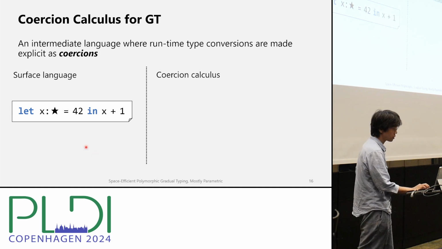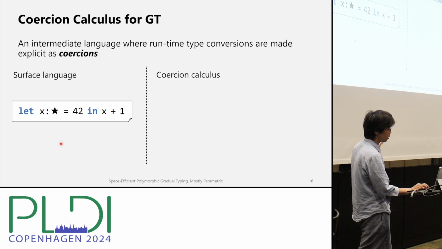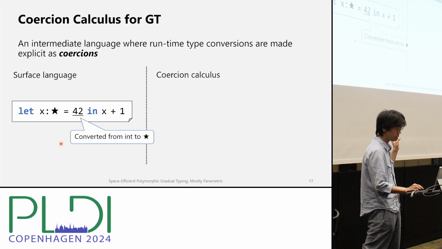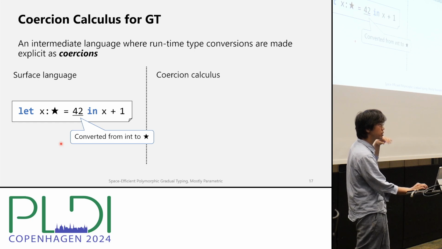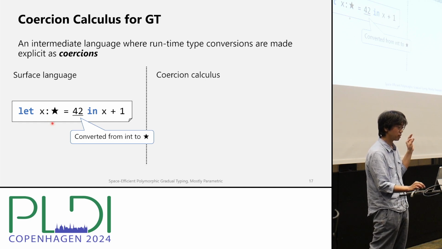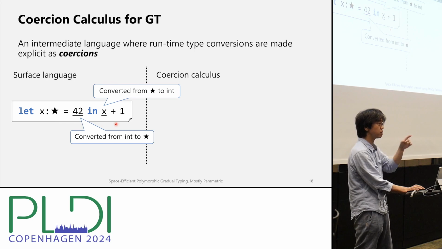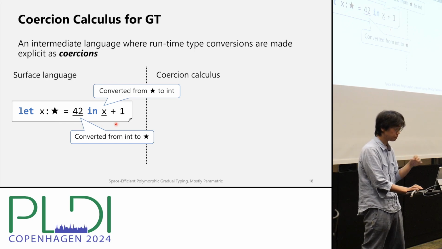Okay, so for example, let's consider one example here. This is a program in the surface language, and here the number 42 is converted into star, and then x has a dynamic type, but x is used as an integer, so it's also converted from star to int here.